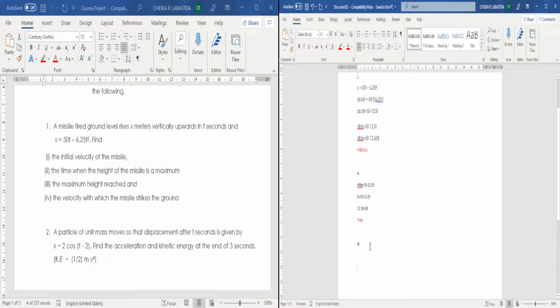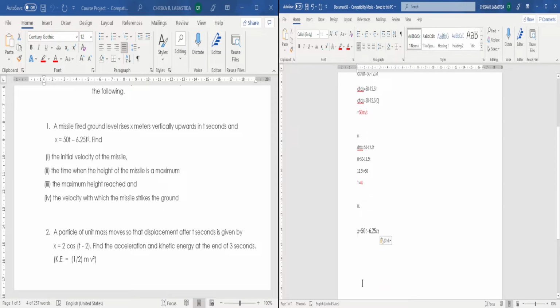Next, we need to substitute the value of time into the original function, x equals 50t minus 6.25t squared, and we will get the maximum height to be 100 meters.